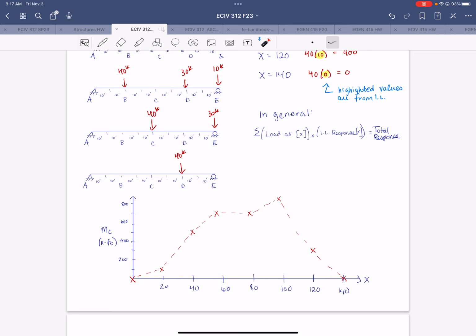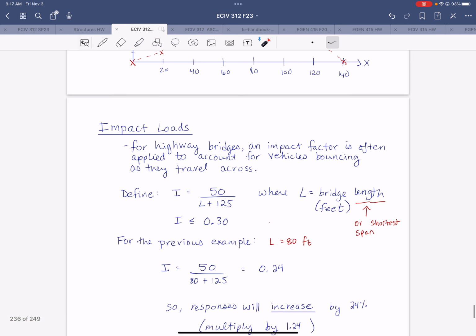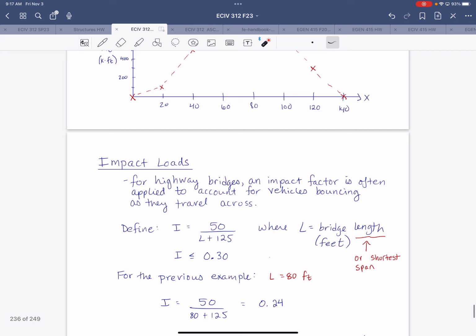Now, with moving loads like this, as a truck moves across a bridge, this brings us to the next page, impact load needs to be considered. This is a dynamic amplification factor to account for the bouncing of the vehicles as they drive across the bridge, like vertical bouncing.